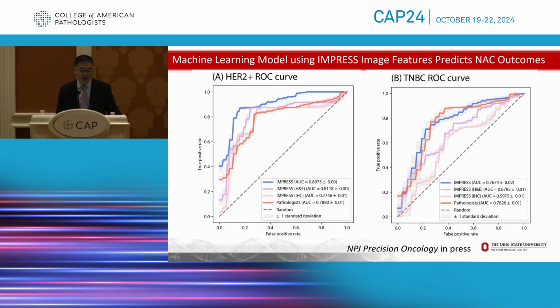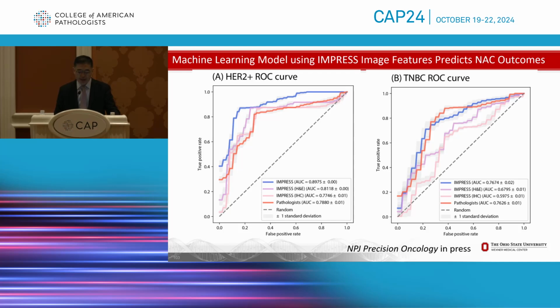As we can see here, for the HER2-positive cohort, the model showed a very nice AUC, the area under the curve, very close to 0.9. However, it's less optimal or less significant for the triple-negative cohort.